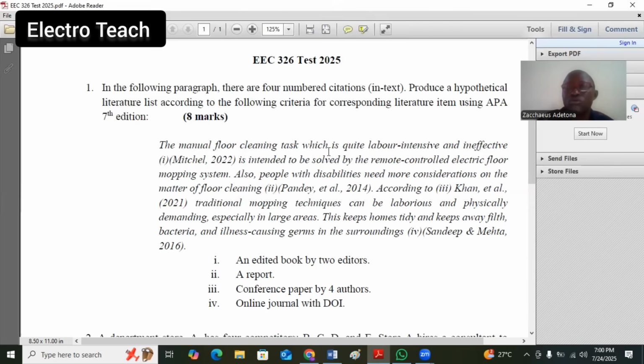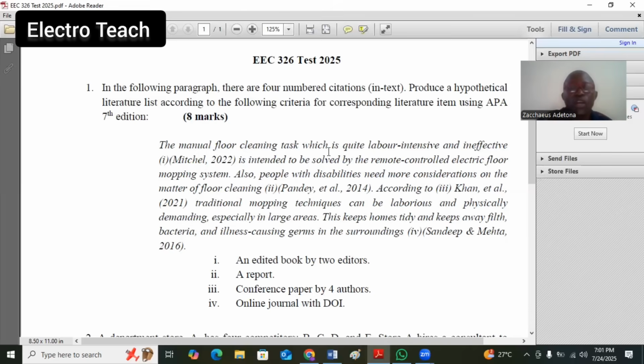According to Khan et al. 2021, that's number 3, traditional mopping techniques can be laborious and physically demanding, especially in large areas. This keeps homes tidy and keeps away filth, bacteria, and illness-causing germs in the surroundings. Number 4, Sandeep and Mehta 2016.